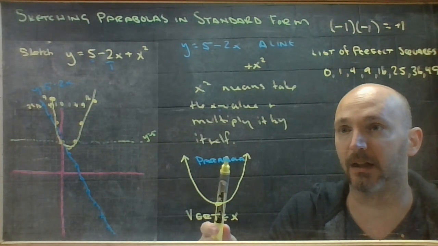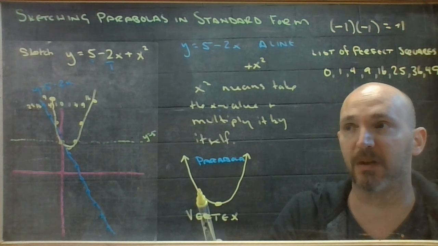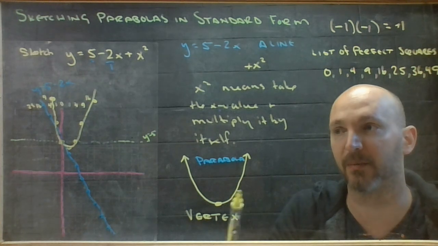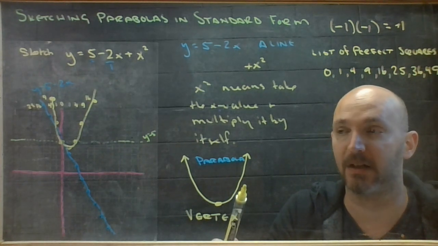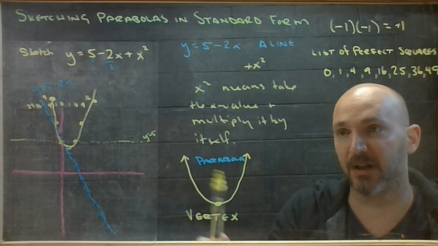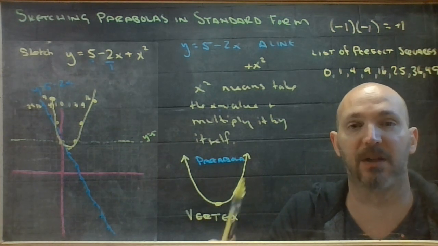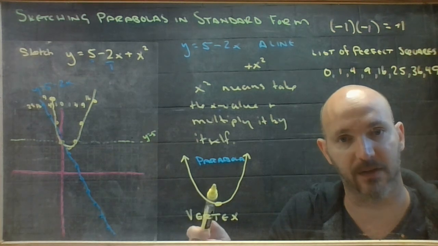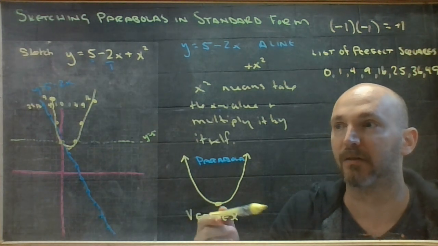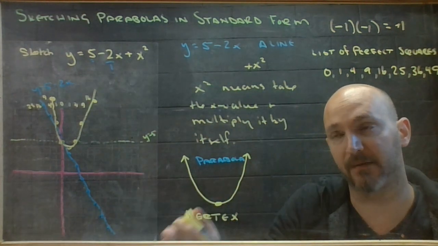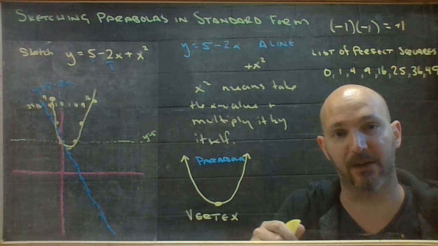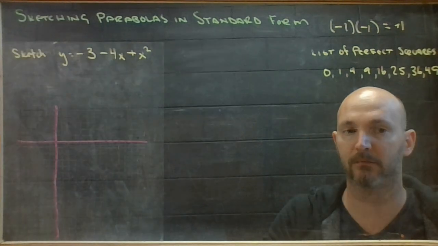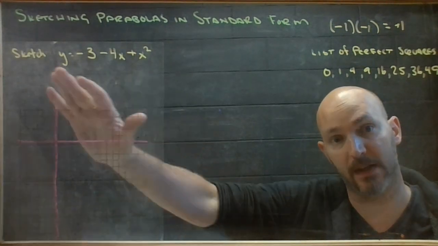And eventually, we'll be manipulating this to make vertex form, and then we'll be sketching from different forms, doing all sorts of stuff, so that you can get used to how to manipulate functions for when you start manipulating all the other functions like sines and exponentials and logarithms, etc. So I'm going to clean this off, and we'll try another example of sketching from standard form.